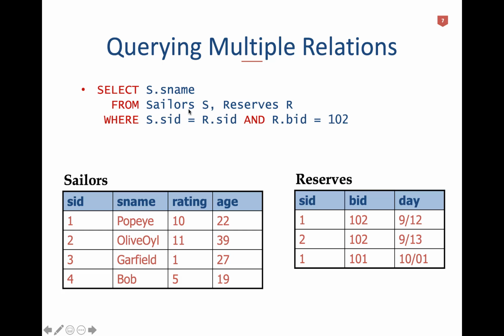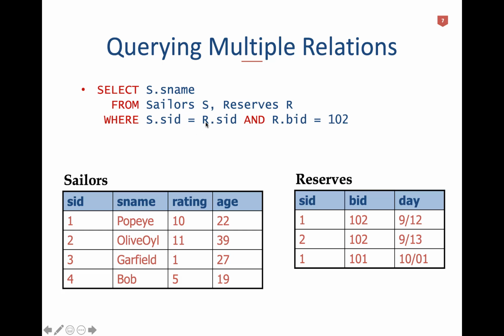Whenever you have two tables, you should join them in the where clause. Here we have two tables, S and R, and you have to join them using a key that is present in both, by which they are going to be joined.